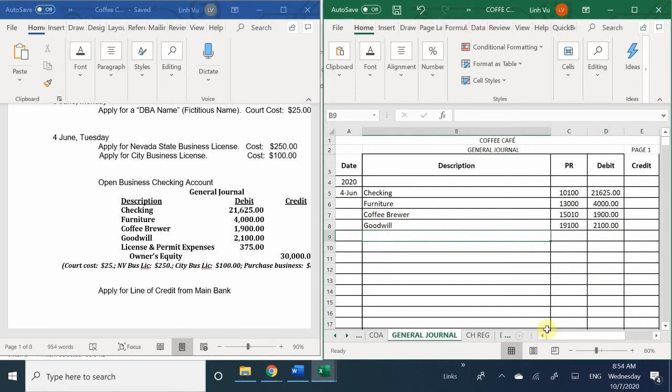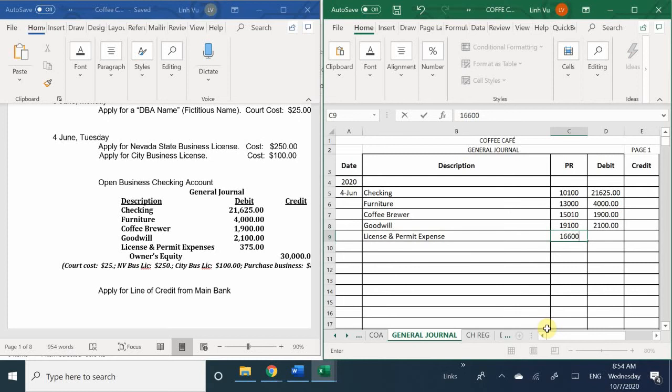And then lastly, we incurred as well license and permit expense, which was for 60,600.